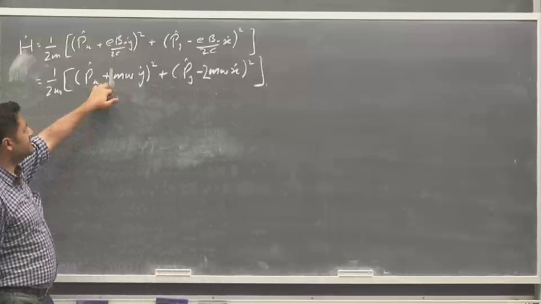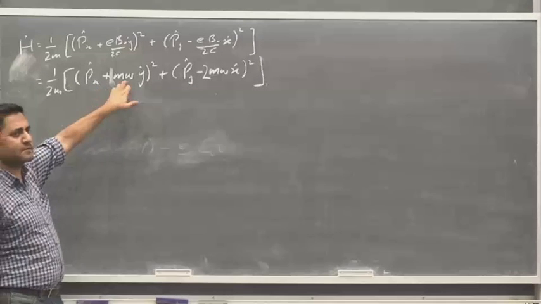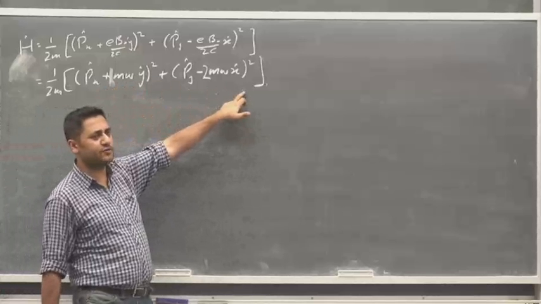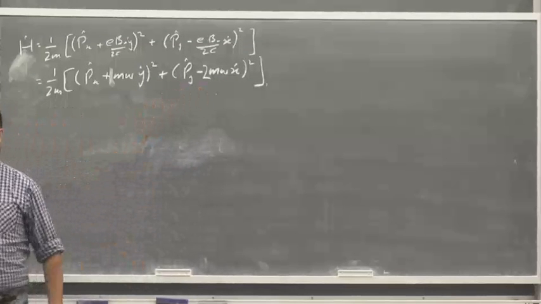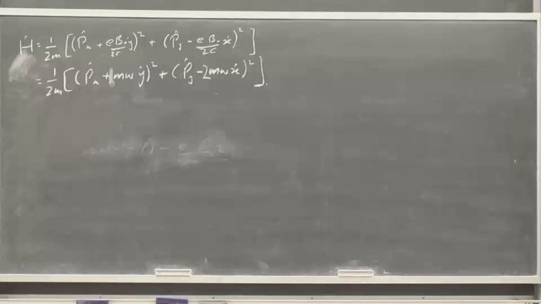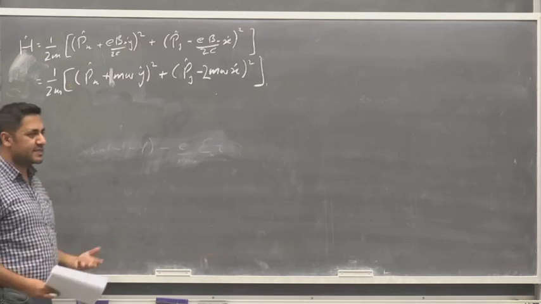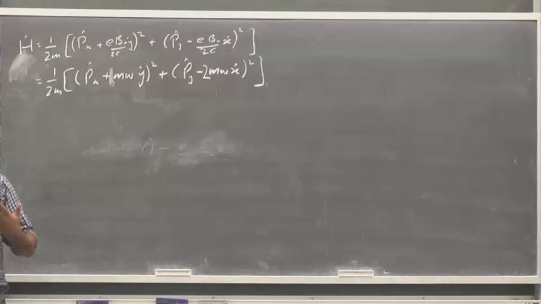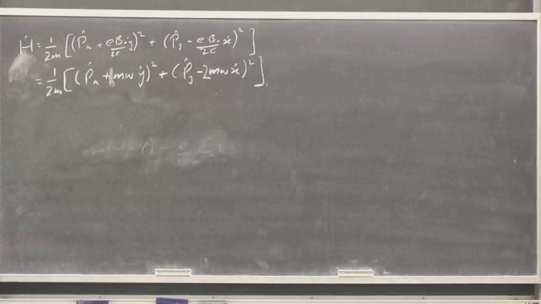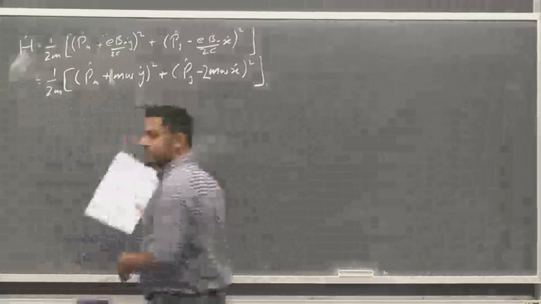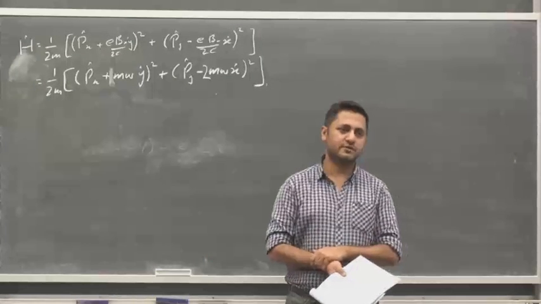There are two operators, this operator and this operator, both squared and added. This is what happens in the harmonic oscillator, p square plus x square. But you can solve it because p and x have a particular commutation relation. Turns out these operators have a similar commutation relation.